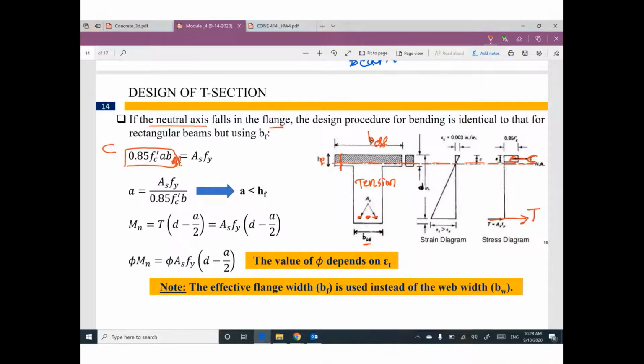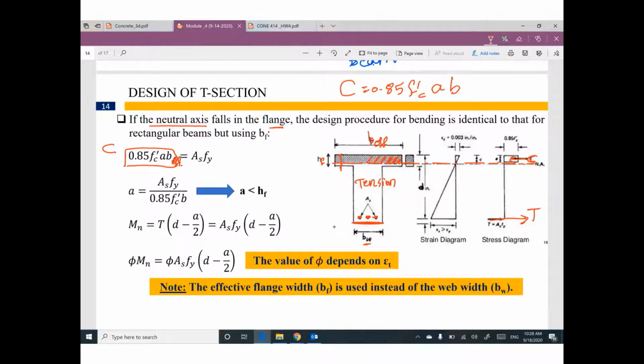Do you remember last week? Capital C equals 0.85 F prime C A B, which is this one. This time we are talking about this area of flange under compression.